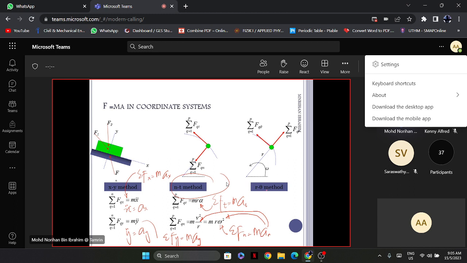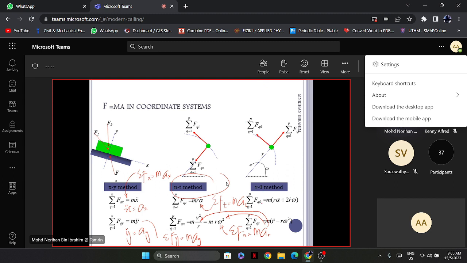Kalau ianya melibatkan the radial transverse coordinate system, then we can apply the equation of F theta, which is equal to m multiplied by r alpha plus 2 r dot omega. So kena rujuk balik, we have to refer back to the previous chapter 2, when you learned about the radial transverse coordinate system. Here is the equation for the radial transverse r theta.